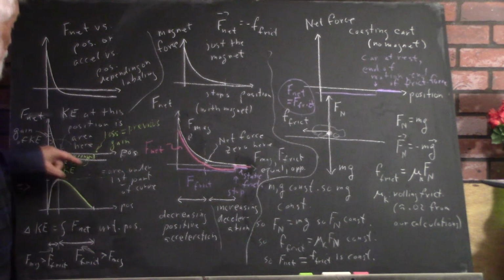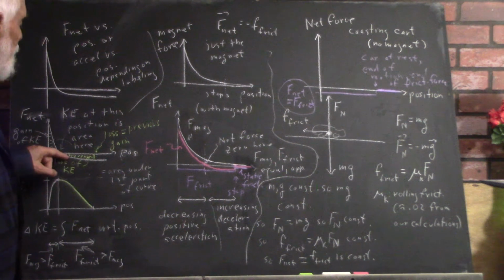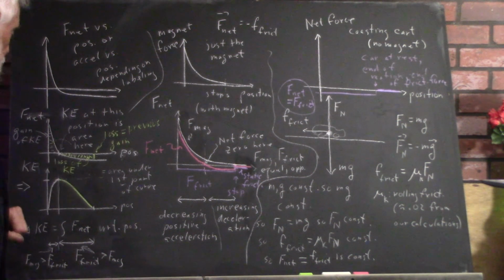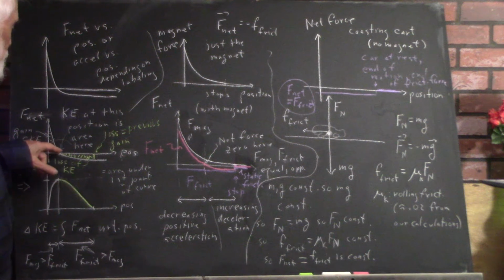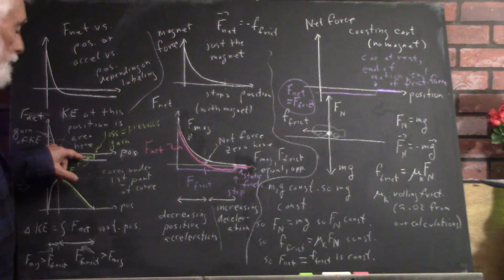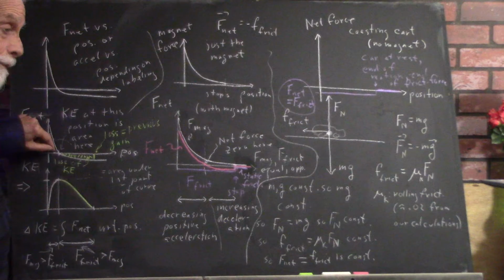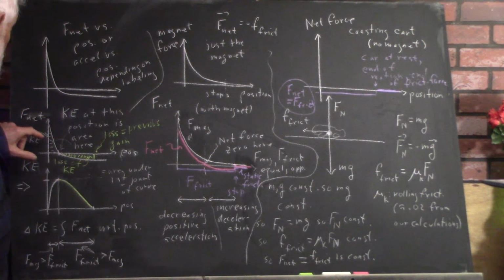And now you have negative change in kinetic energy because the generalized area here is negative since the region is below the position axis. So what you have here is a loss of kinetic energy. When you get to the point where the area from here to that point, the green area, is equal to the area here, your kinetic energy loss will have become equal to your kinetic energy gain.